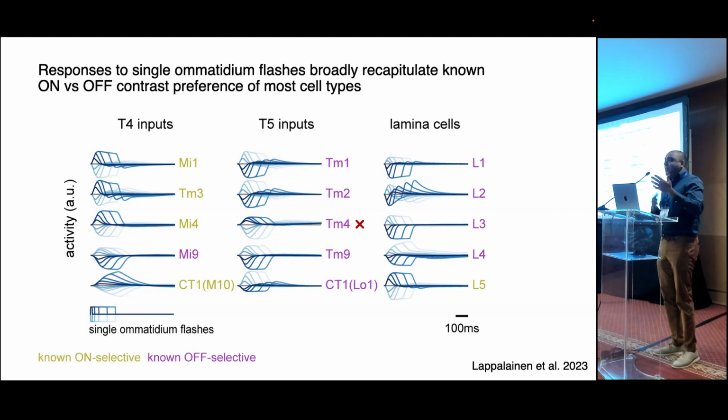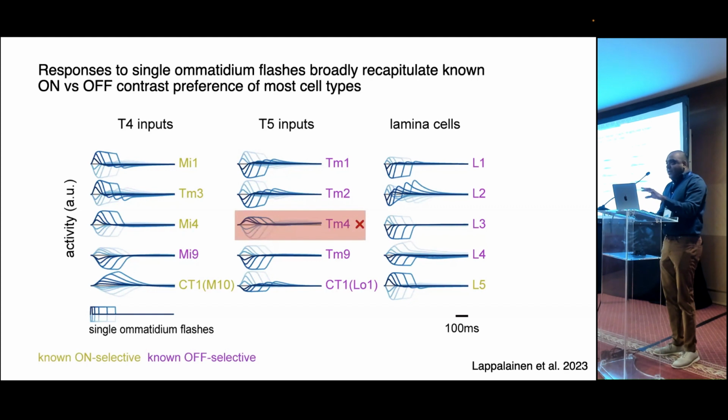Some measured calcium, some measured voltage, and so we simulated it all, and we looked at the segregation into on and off pathways, how well we could predict that. This is one of our models, and this model gets all of this right except for this one cell type, TM4.